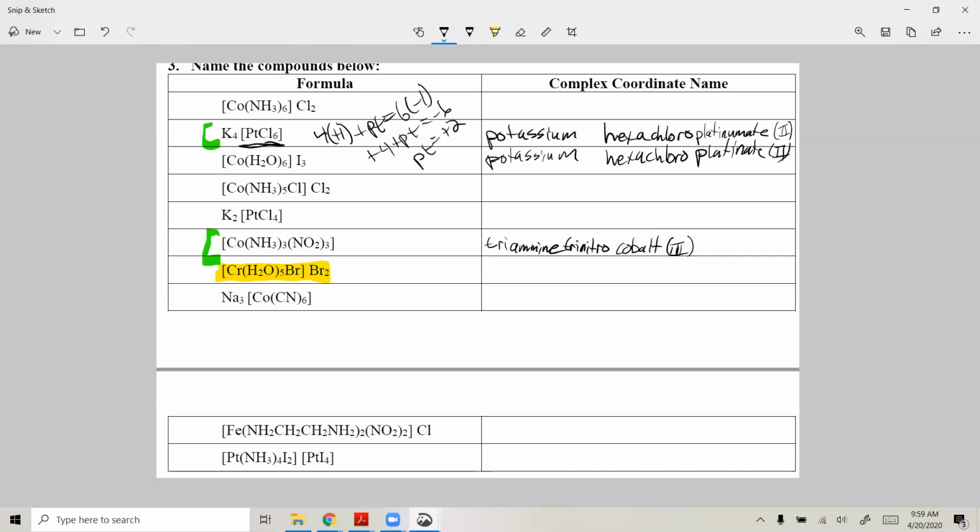As you're answering this, think about when you name ions, what's the difference between bromate versus bromide?